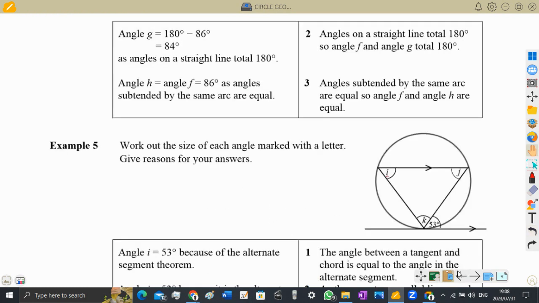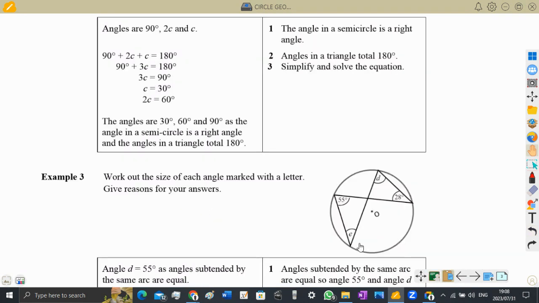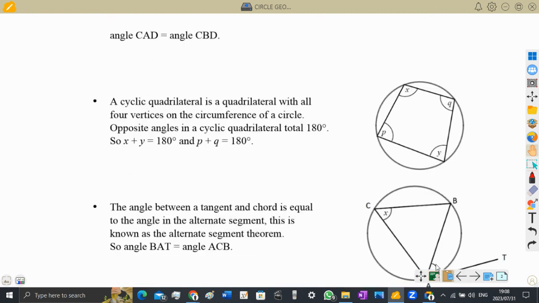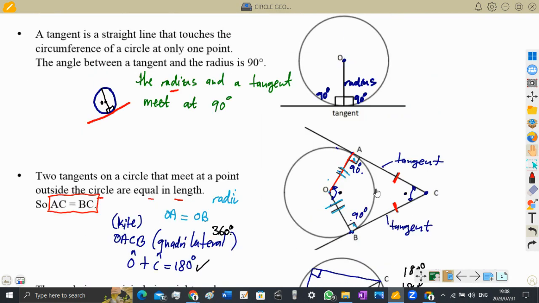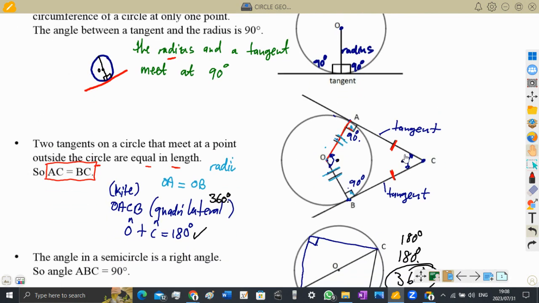Remember we talked about the issue of a tangent on this part. We talked about a tangent meeting a radius, and two tangents from an external point of a circle being equal.